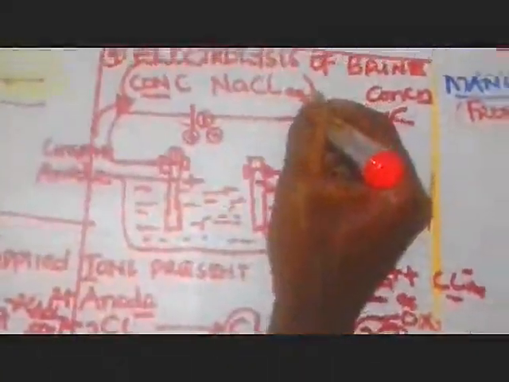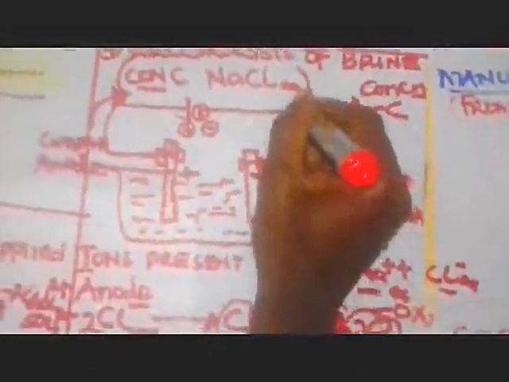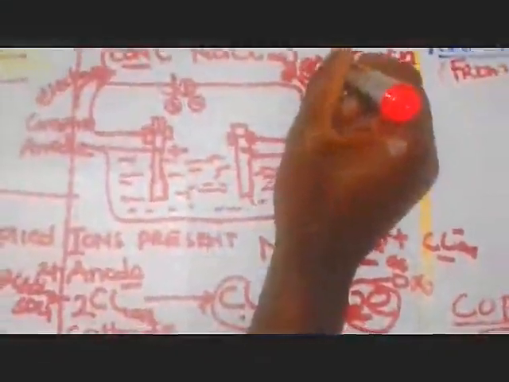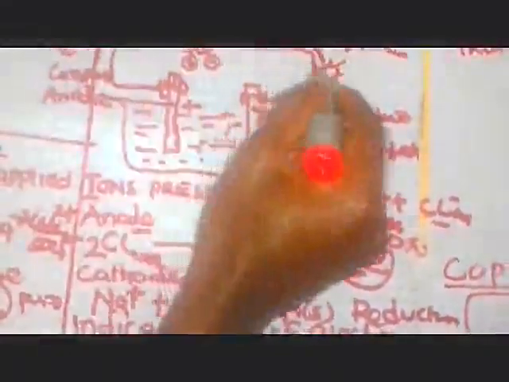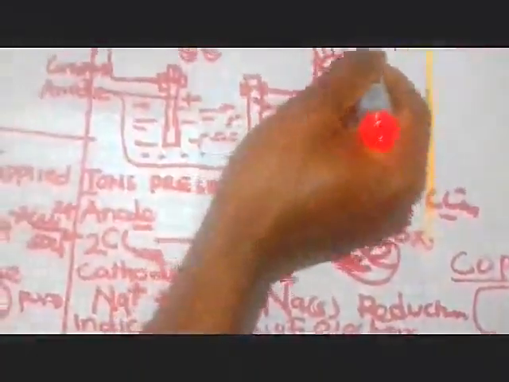Then the current, as the electrons are flowing, is flowing oppositely to the flow of electrons. So we have our electrons from the anode to the cathode, and then we have our current from the cathode to the anode.